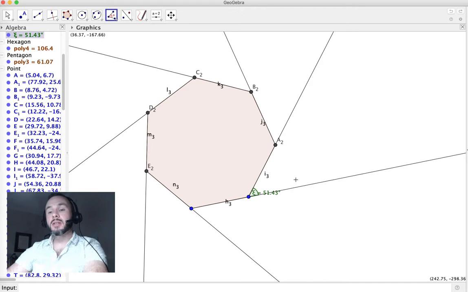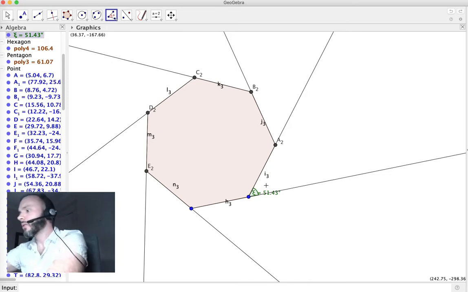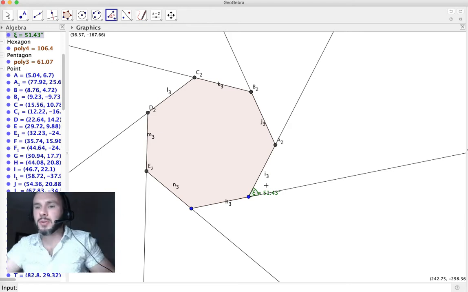It's just going to be the supplement of it. So no matter what type of situation you're dealing with, 180 minus that interior angle is going to give you the exterior angle. Of course, for a regular polygon, you can then multiply by n and figure out what your exterior angle sum is as well. So let's jump over and do some examples.